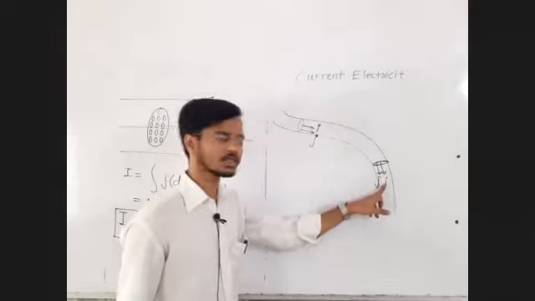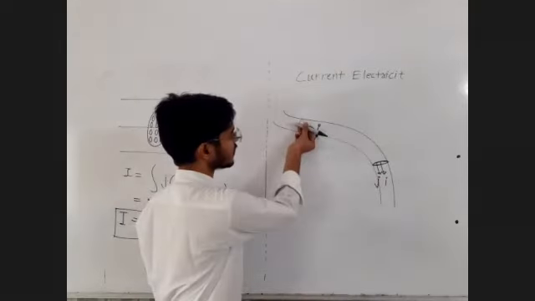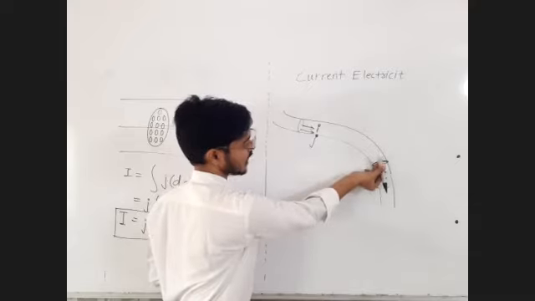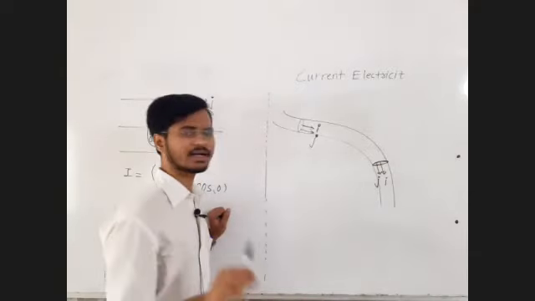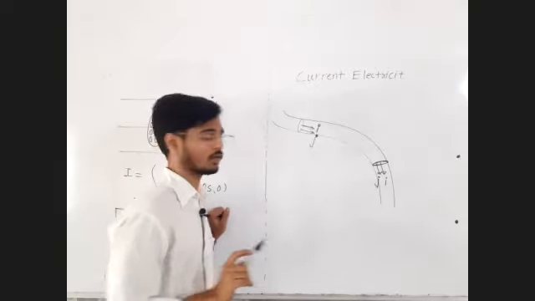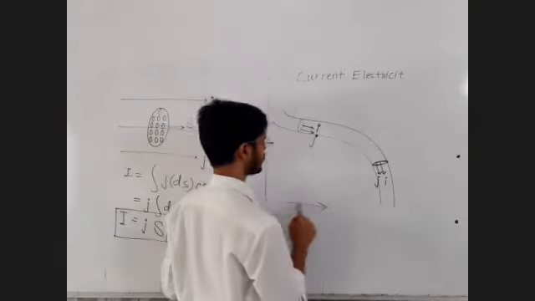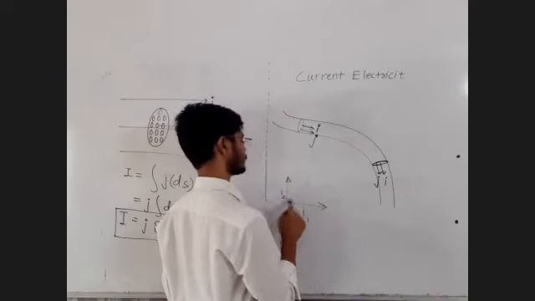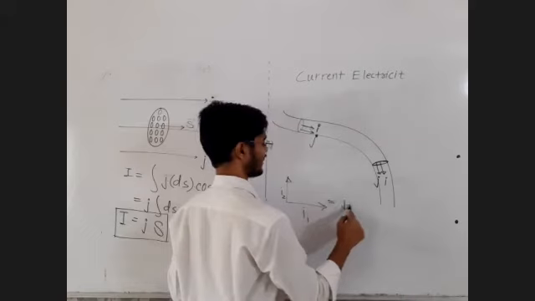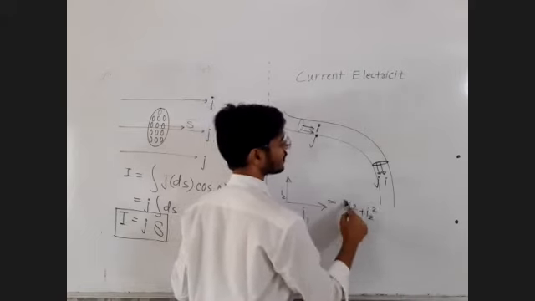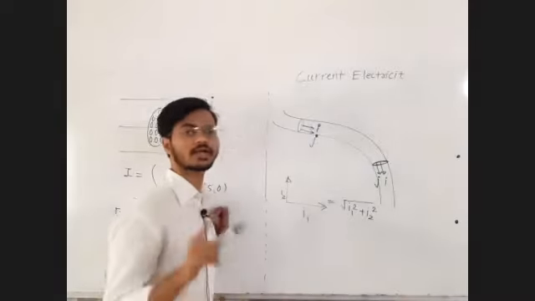The same physical quantity which is available here has this direction. The same physical quantity which is available here has different direction, and currents cannot be added by the law of vector addition. For example, this current plus this current will not be equal to under root I1 square plus I2 square. Current cannot be added with the laws of vector addition.